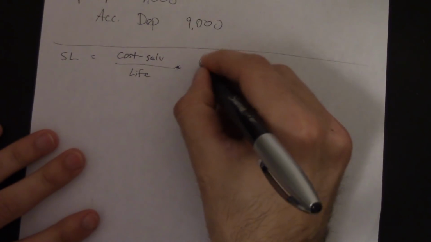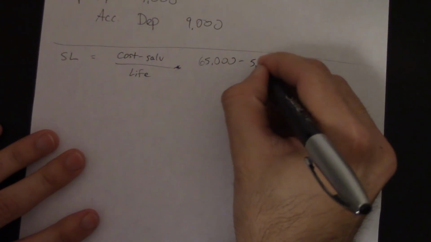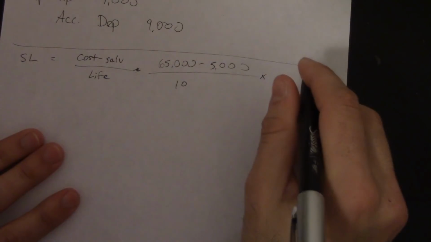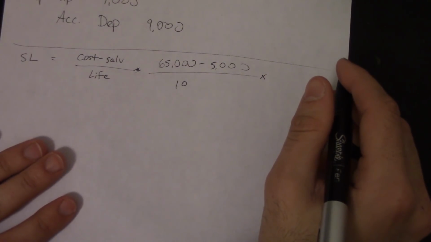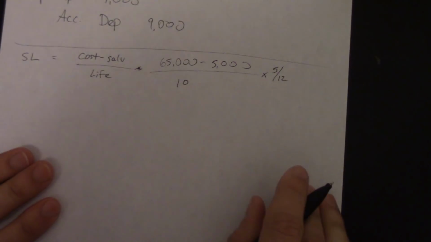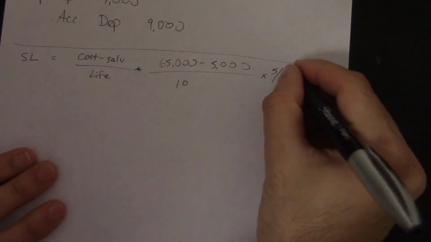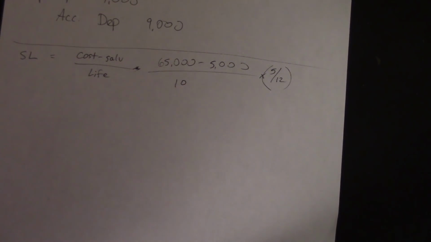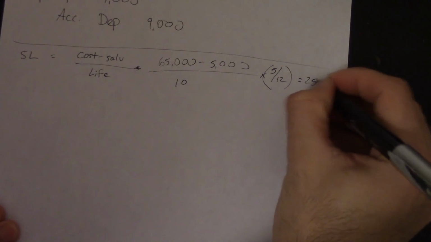So the cost is 65,000, salvage is 5,000, the useful life is still 10, but we're only depreciating it for 5 of the 12 months for this first year. 65,000 minus 5,000 is 60,000, divided by 10 is 6,000, times 5/12 gives you 2,500.